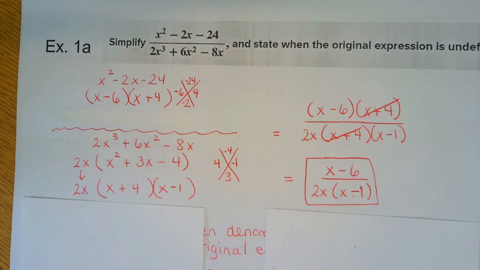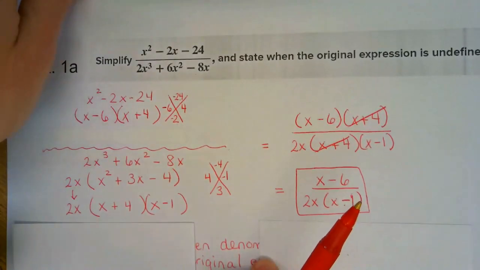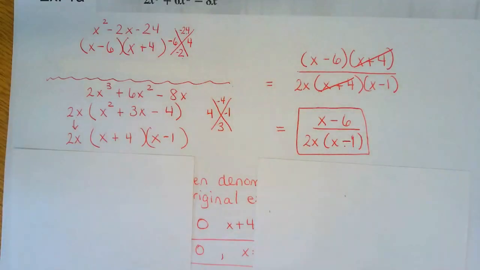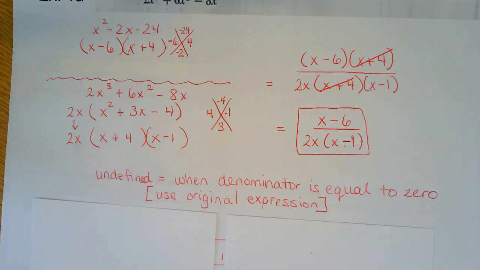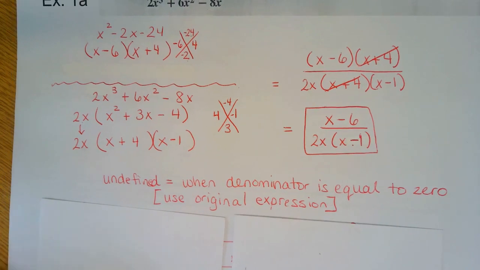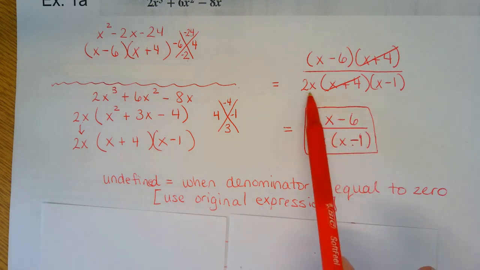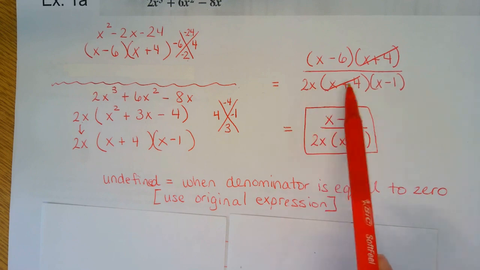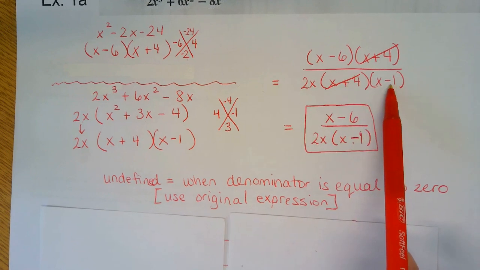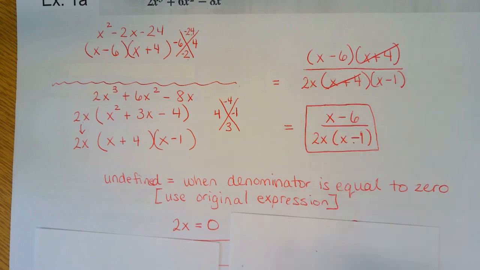Now, the other part of this question is asking you to figure out when the original expression is undefined. So I am undefined when my denominator is equal to 0. Now, please remember to always use the original, so not the simplified version, but this. So what you're going to do is take each of these denominator factors and set them equal to 0.